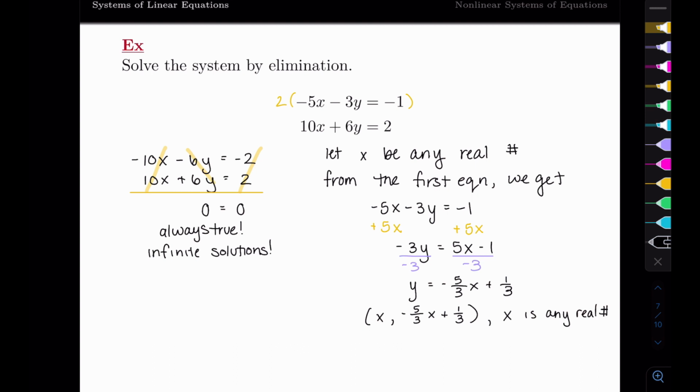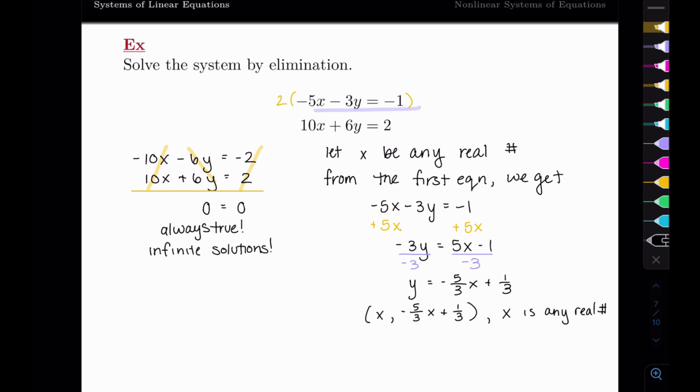Okay. This is called parametrically because I'm still writing the points on the line in a very specific way. The x coordinate can be whatever it wants, but the y coordinate is dependent upon the x value because I can't just plug anything I want in and have it satisfy both equations. Like if I try to plug in 0, 0, that's not a point on this line, so it doesn't actually solve the system. There are still specific solutions.